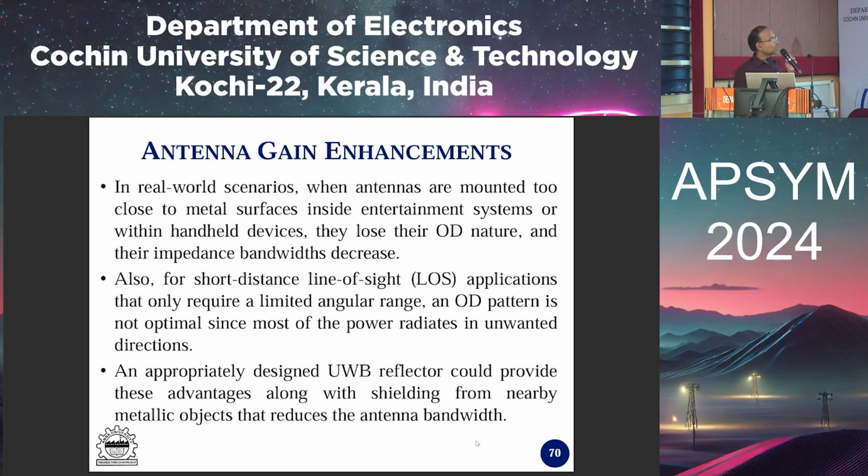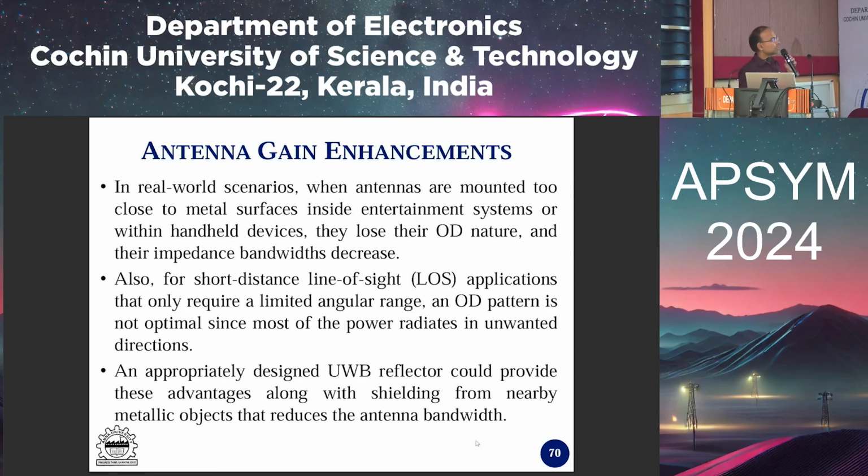So we want to have a highly directed beam. For example, if we mount one antenna, like the one we have in our mobile phones, it should receive the signal from the base station. Suppose we mount it onto our mobile phone electronics, which has the PCB and all those things, definitely it will lose its OD nature, that is omnidirectional nature. If that is the case, definitely your gain will also get compromised.